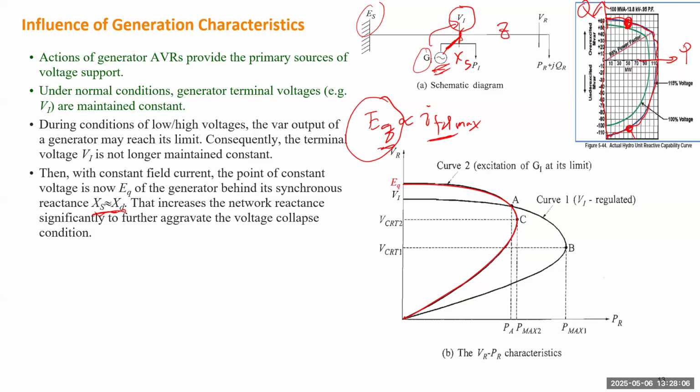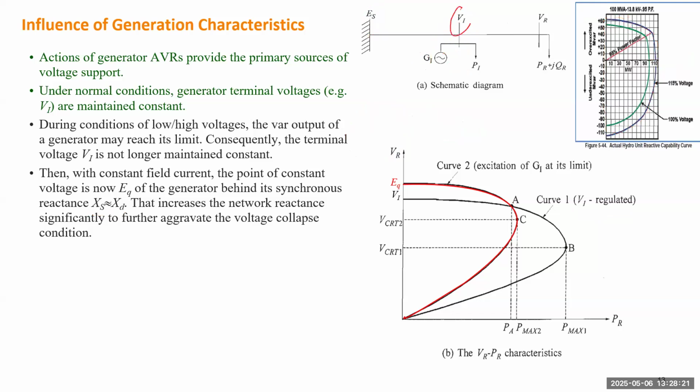Okay, so here the figure draws two PV curves. The first one, the black one, indicates the case where VI, which is where the generator is connected, is regulated. So VI will be constant.